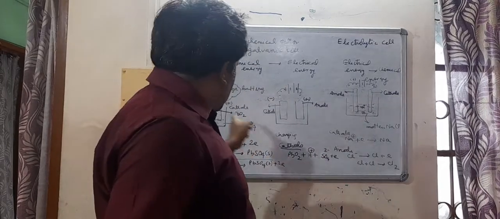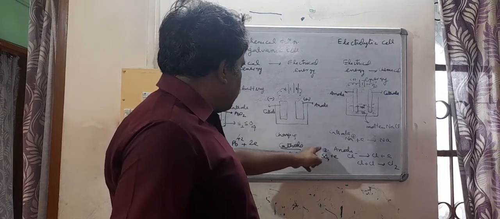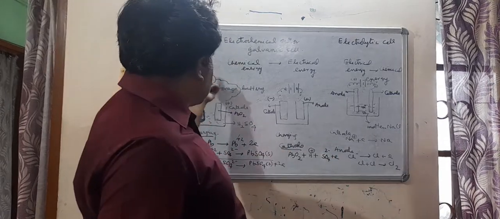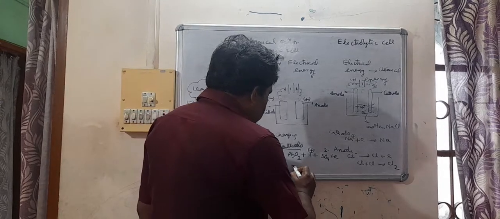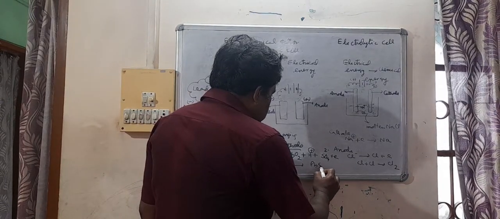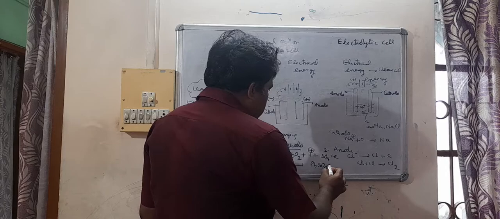So PbO2 in presence of hydrogen ion, in presence of sulfate ion, in presence of electron, electron is coming this side, and it forms PbSO4 solid.